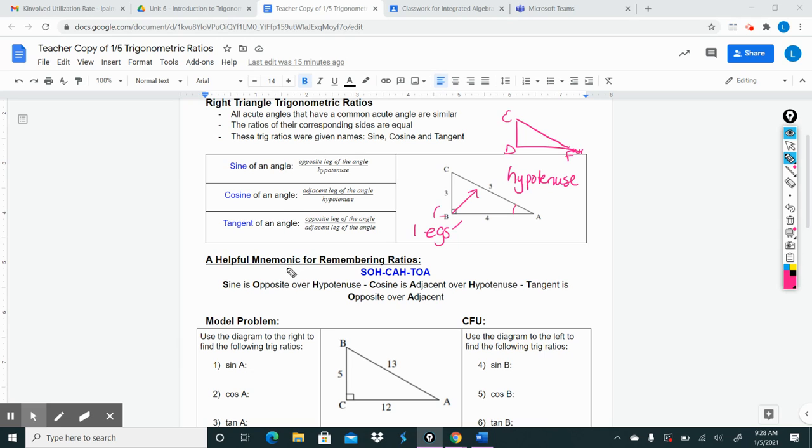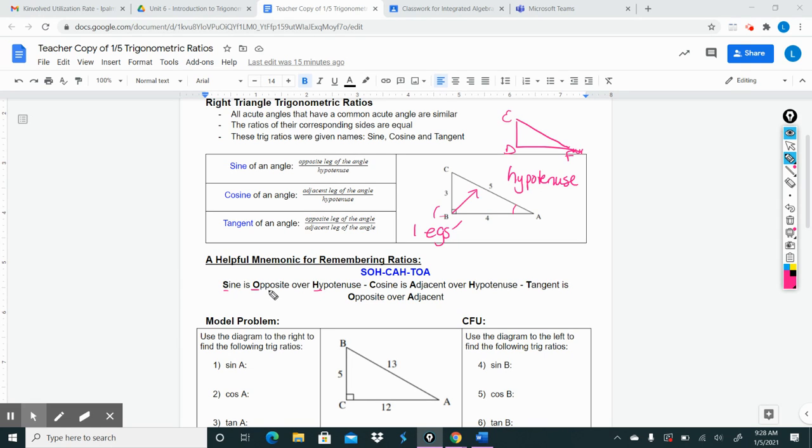A helpful mnemonic that was created a long time ago for remembering these ratios is SOHCAHTOA. If you can remember this mnemonic, which will help you remember your trig ratios, then this unit will be very easy. SOH: sine is opposite over hypotenuse.